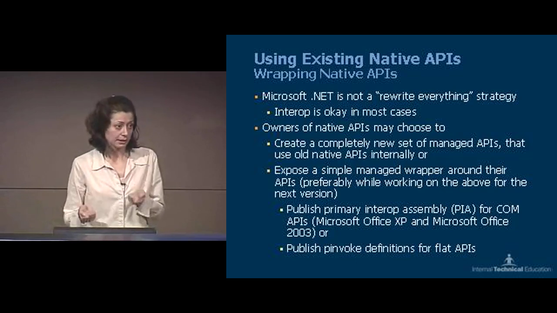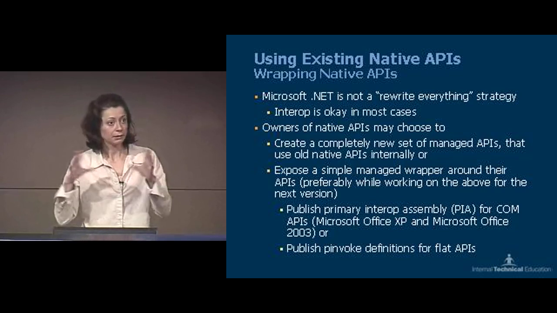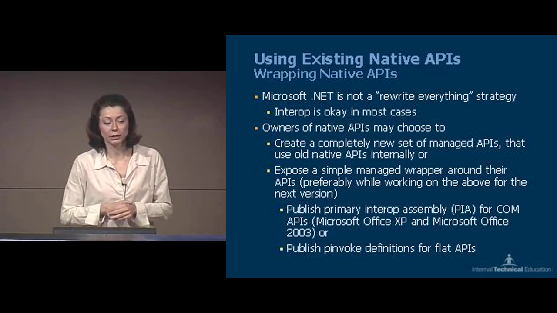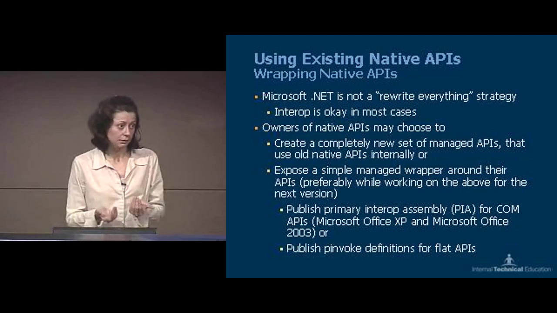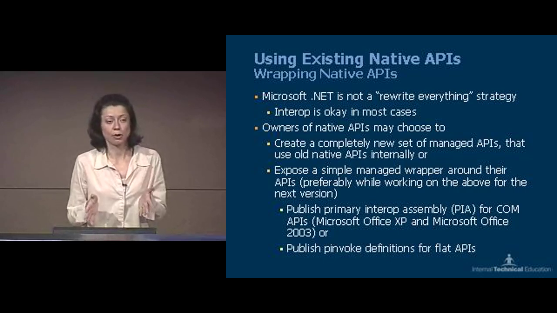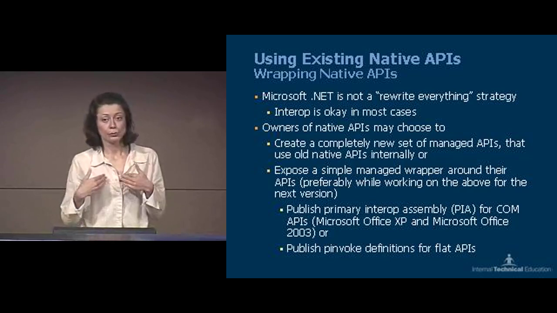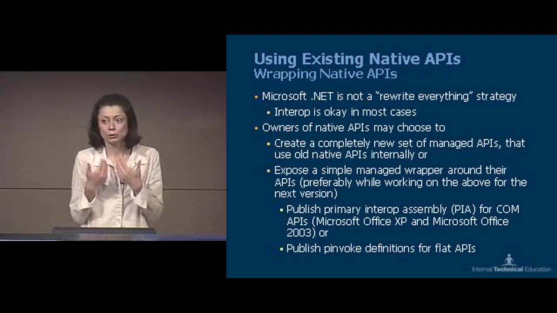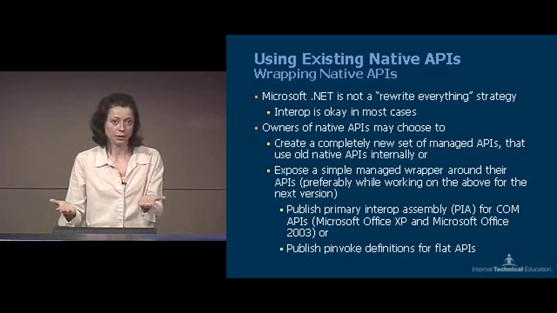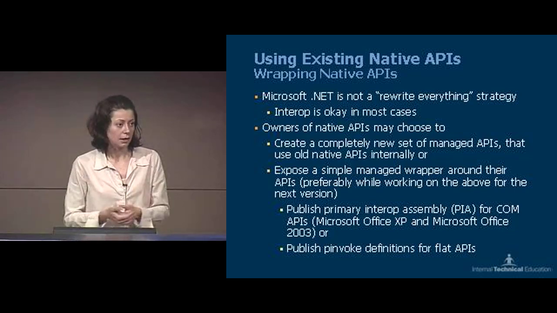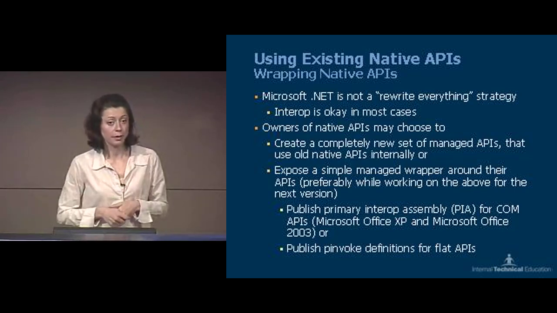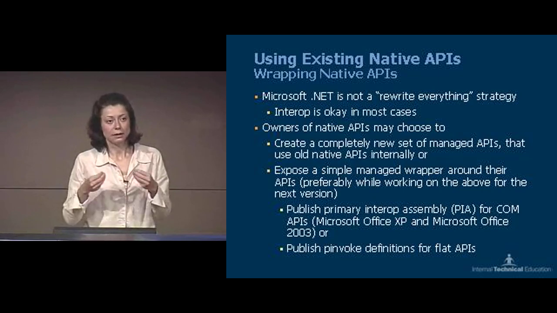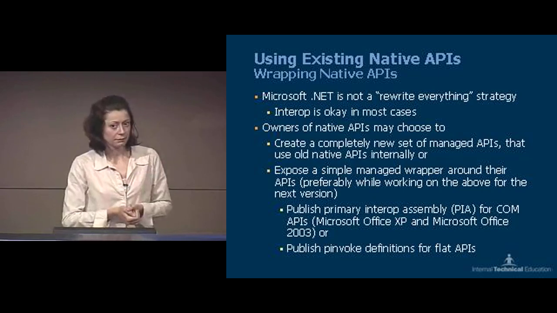If you are really writing a layer around your native library, well, it depends. Ideally, what's the recommended approach is that you really spend time rethinking your APIs. You should expose a new set of APIs following design guidelines that you hear about here, and just internally call these native APIs.